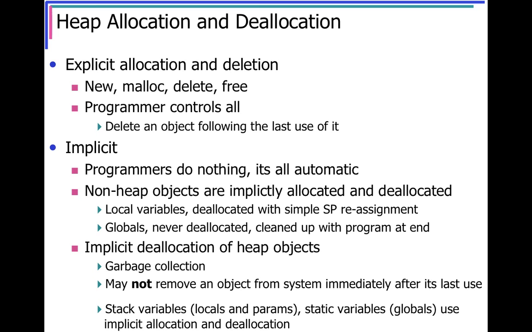For heap objects, you can have explicit deletion or explicit deallocation, as I mentioned earlier, or for managed languages, that are languages that operate within managed runtime systems, deallocation can be implicit. And when this is the case, that is, when deallocation of heap objects happens automatically, the service in the runtime system that provides this automation is called garbage collection.